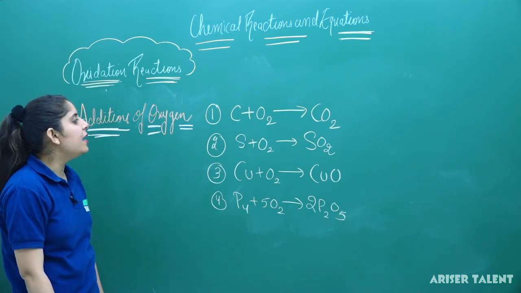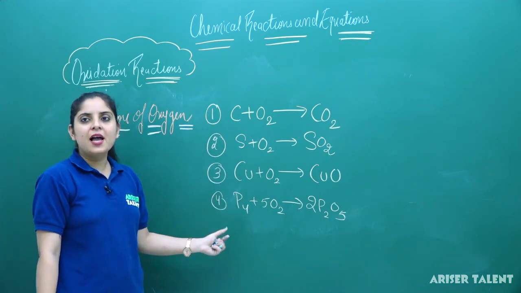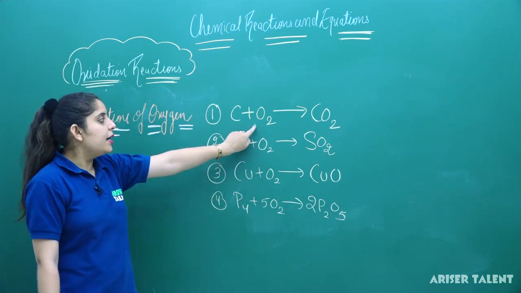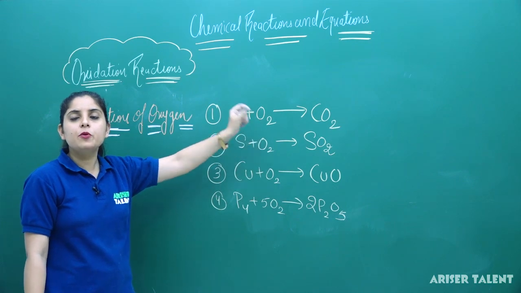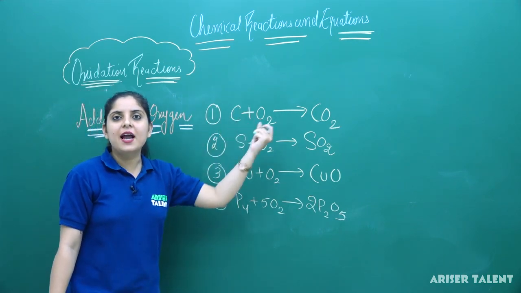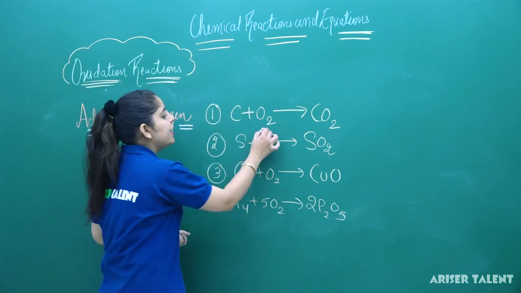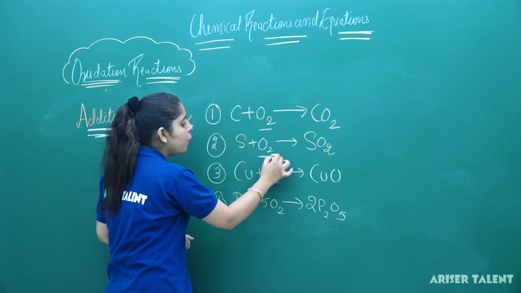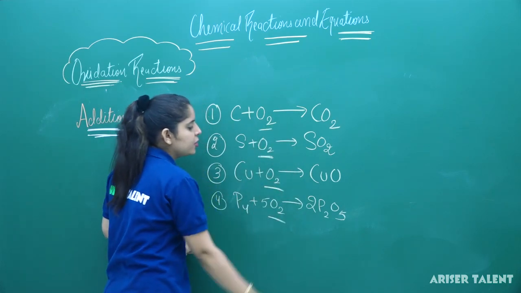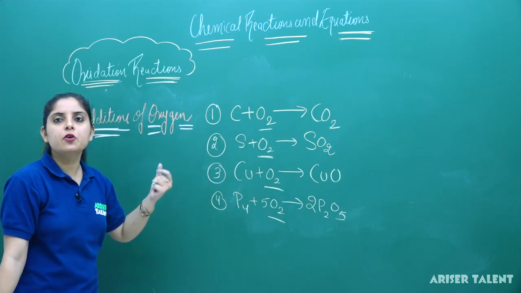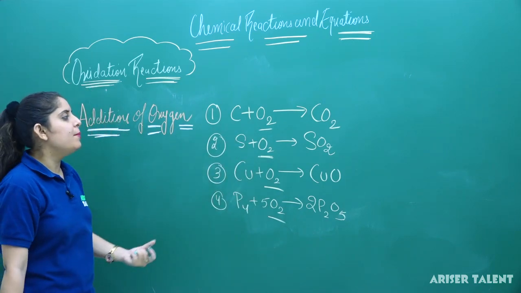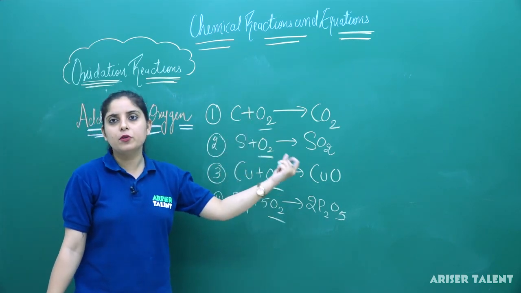So, you can see that in all the elements I have taken here, there is an addition of oxygen. In the first step, you can see that O2 is added to every part. Here it is an addition of O2, here it is an addition of O2, addition of O2 and addition of O2. So, on addition of O2 to a particular element, you are getting the oxide for that part.